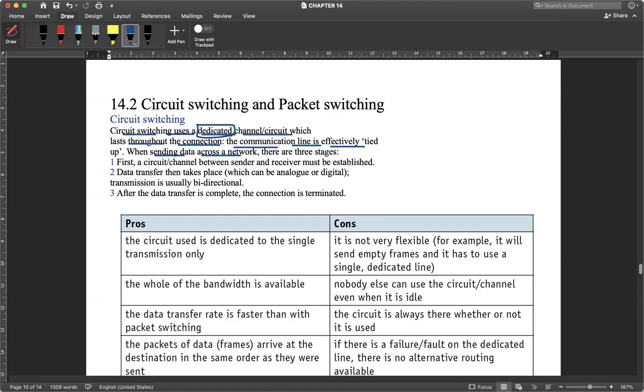So there are 3 stages. Number 1, first, a circuit or a channel between the sender and the receiver must be established. As I told you, I'm using fiber optic, and fiber optic is a dedicated channel. That is the reason it is costly.